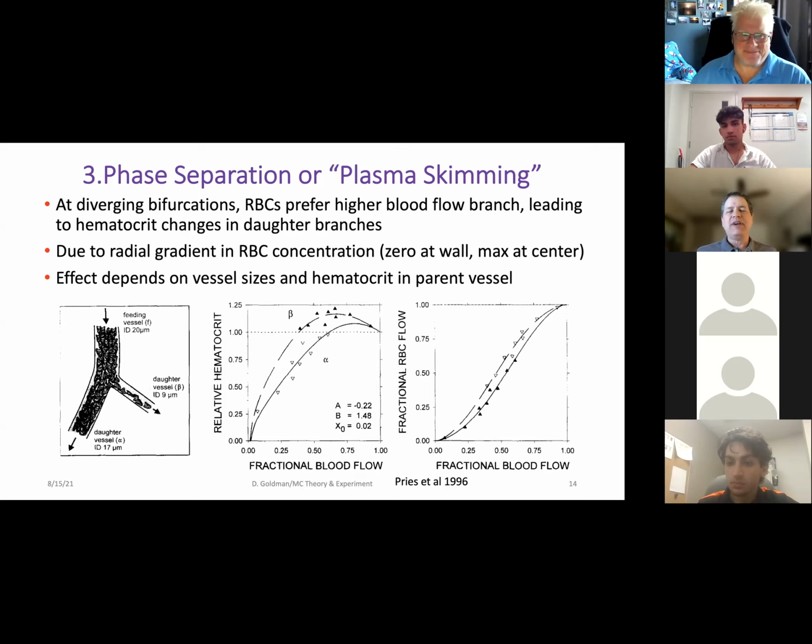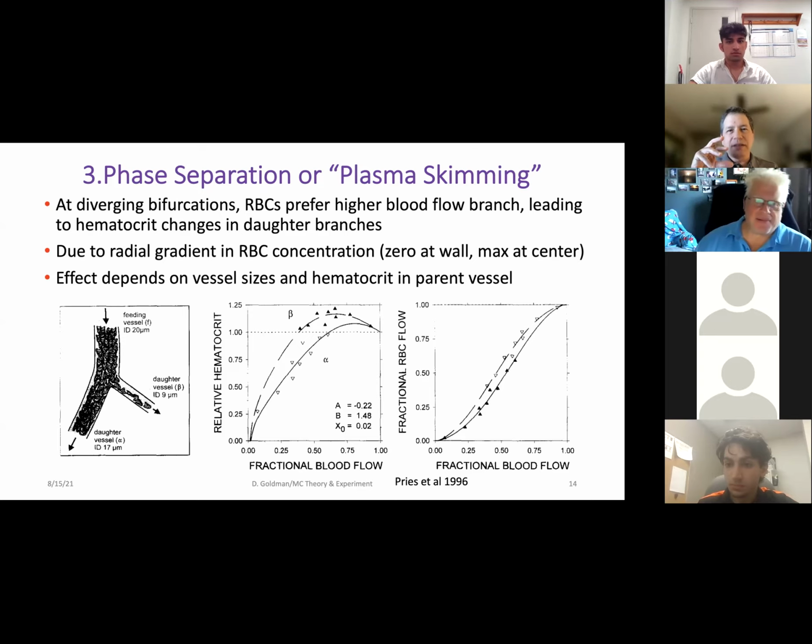Well, a regulated variable, I guess I mean a regulatable variable. In other words, if you have a capillary network, or a few capillary networks, and they need more oxygen, then they need more blood flow, which means they need more red cells. And so they can get more red cells by just higher velocity with the same hematocrit.